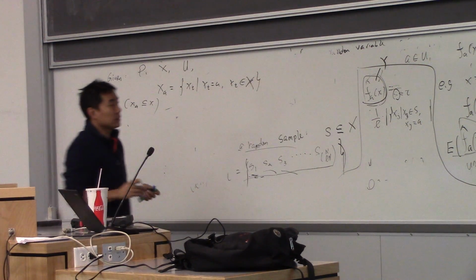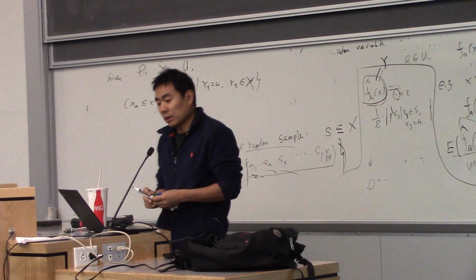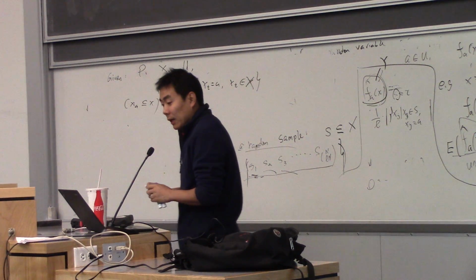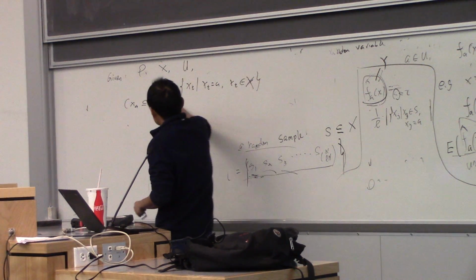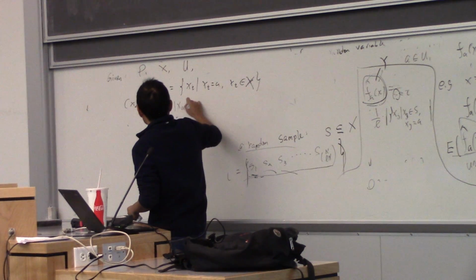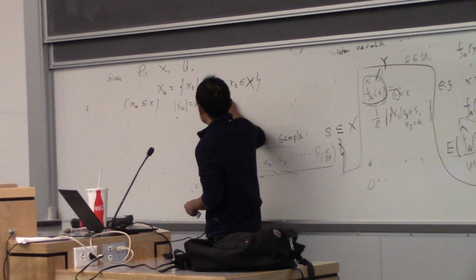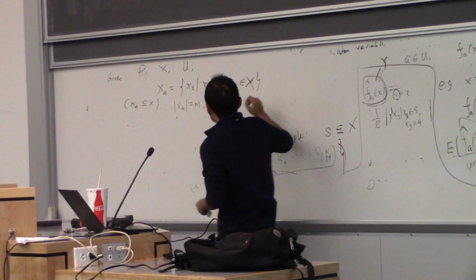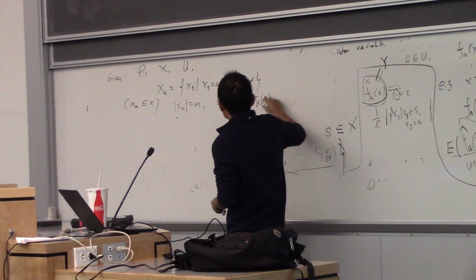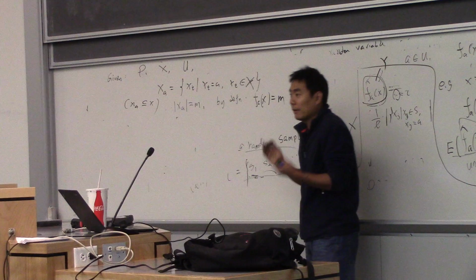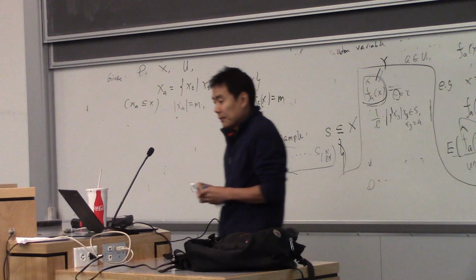There's nothing wrong with it. I just define it. No trick here. And also with this definition, I also let the size of this set be M, obviously by definition, f(ax) essentially is just the value of M. Okay?